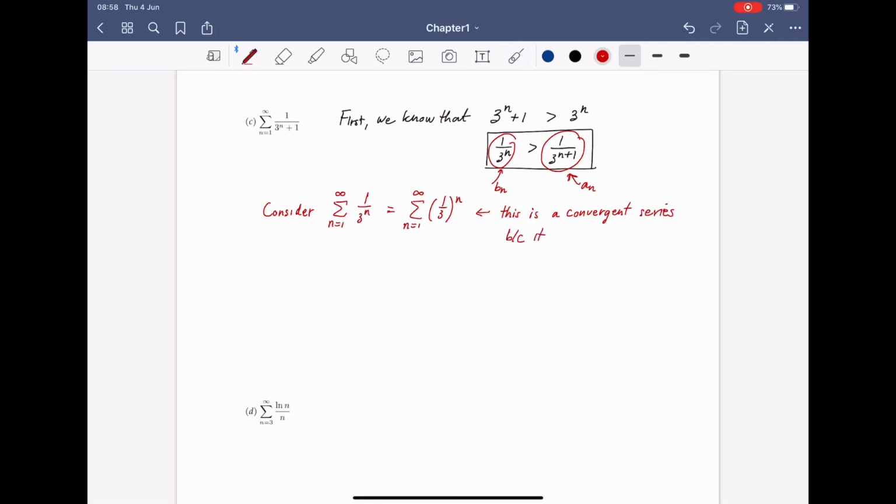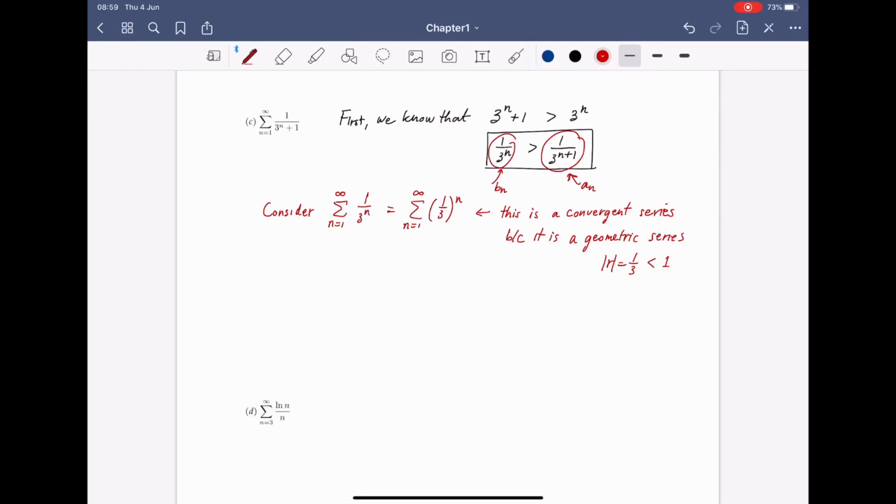Because it is, what? It is a geometric series, right? It is a geometric series with r equal to 1/3, so that is less than 1. So this is a geometric series with absolute value of r less than 1, so it is convergent.